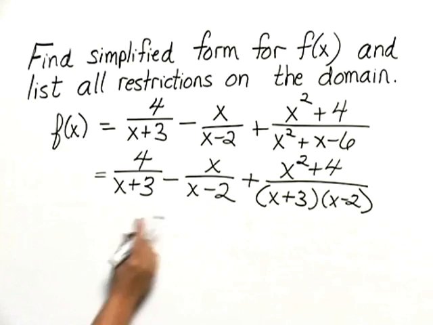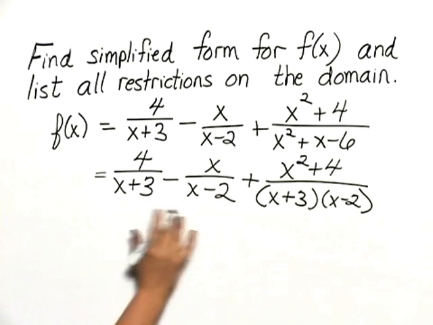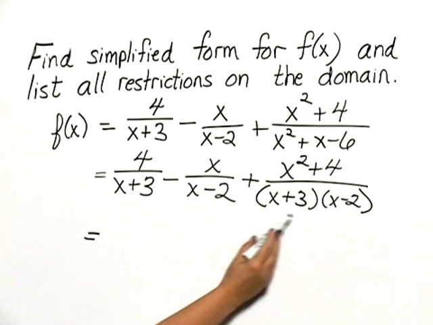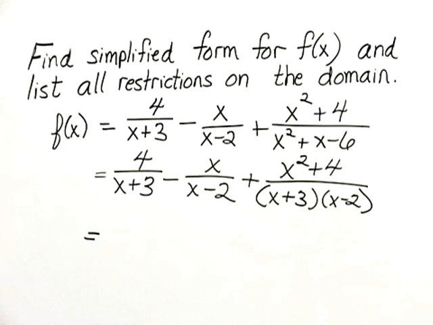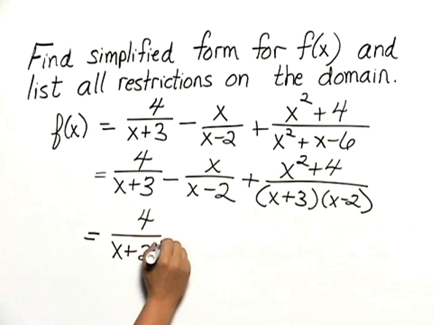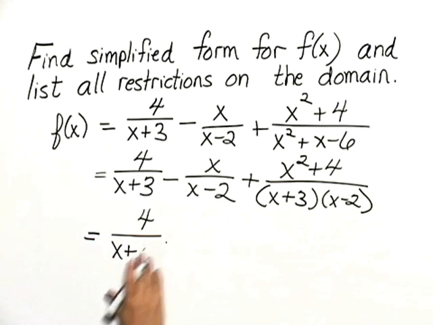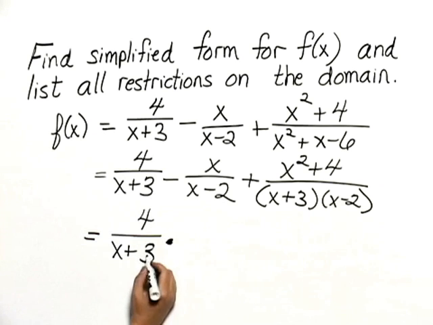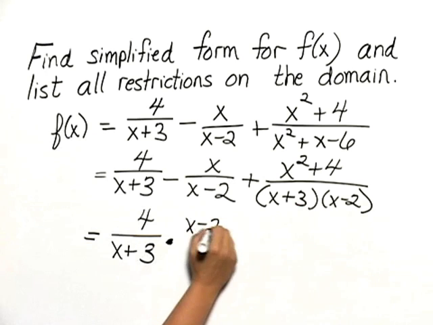Now let's combine, subtract, and add these. We need to get a common denominator. The common denominator is going to be x plus 3 times x minus 2. So I need to multiply the first fraction by the missing factor, multiply this by x minus 2 over x minus 2.